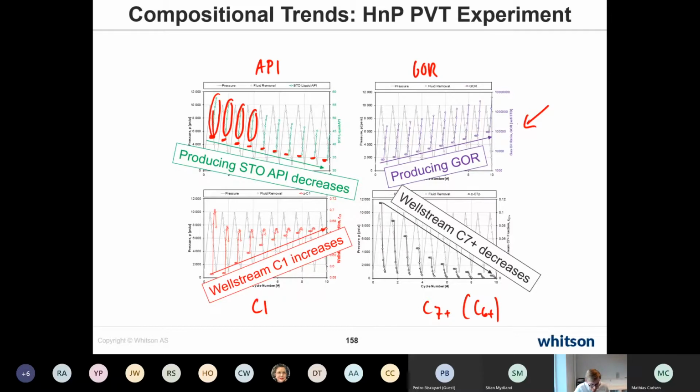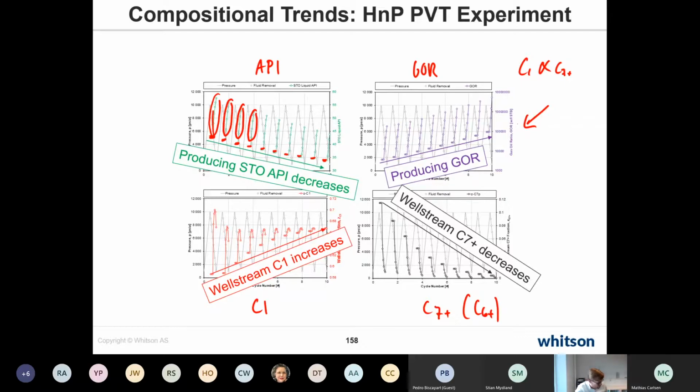And the last thing to emphasize here is that C1 content and GOR content are essentially correlated, right? And these types of trends are something we can look for actively in the field to analyze what's happening throughout the transients of a huff and puff cycle.